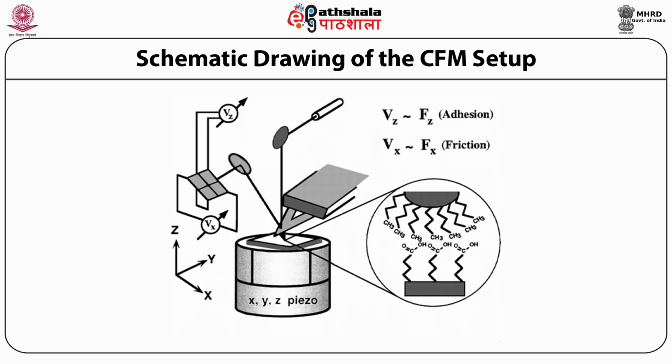In these measurements, the deflection of the cantilever is recorded during the sample approach-withdrawal cycle. The observed cantilever deflection is converted into a force using the cantilever spring constant.